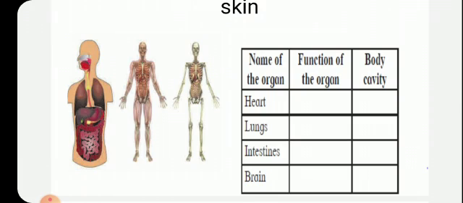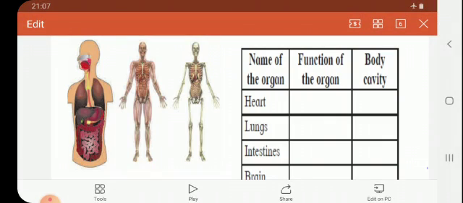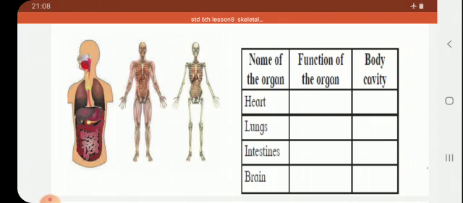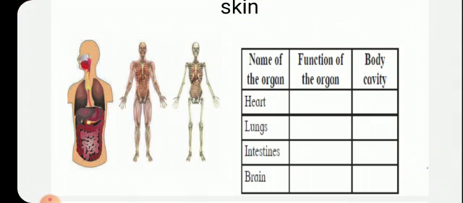Then the third one we are finding only the bones, that is again the skeleton of the body. So we are going to study today in detail about our bones and the skin, its function, bones, types of bones, the various layers of skin, what is their function, how it is important, that we are going to study today.